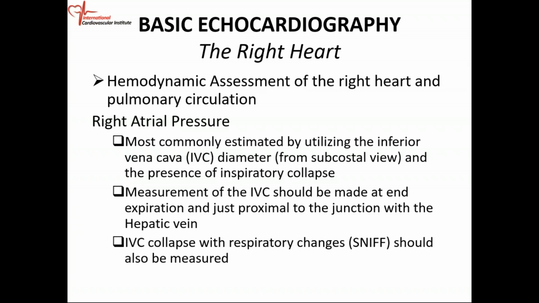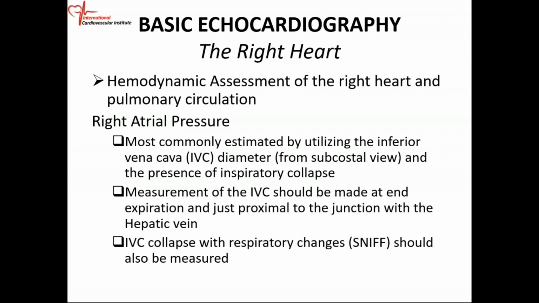And when you're doing the test, they actually talk about a sniff. So you should let the patient rapidly take a breath in, okay? And so we use it to help us assess the right atrial pressure and hence RV and PA pressures.